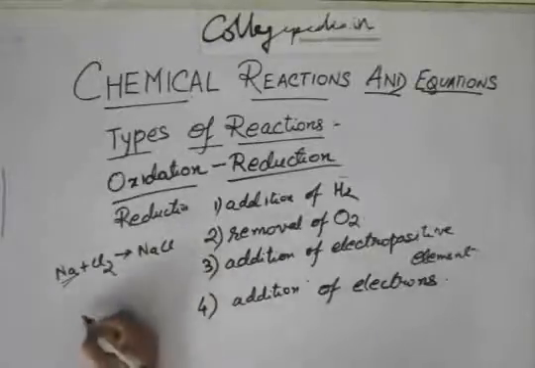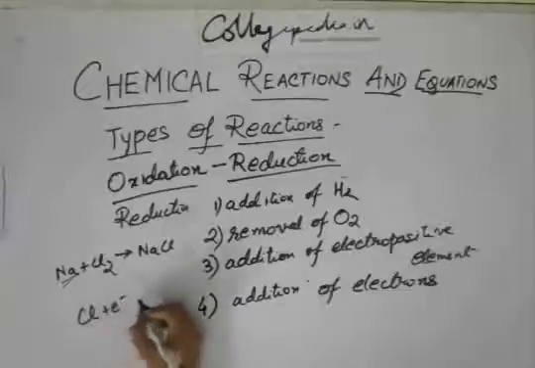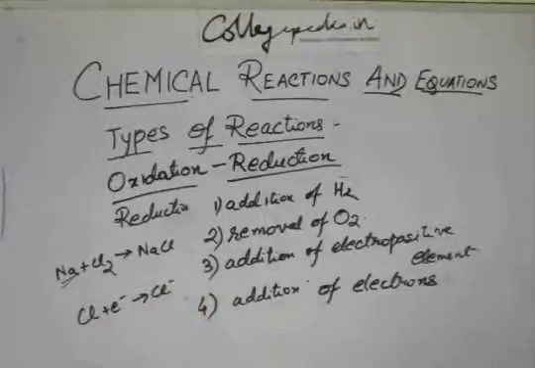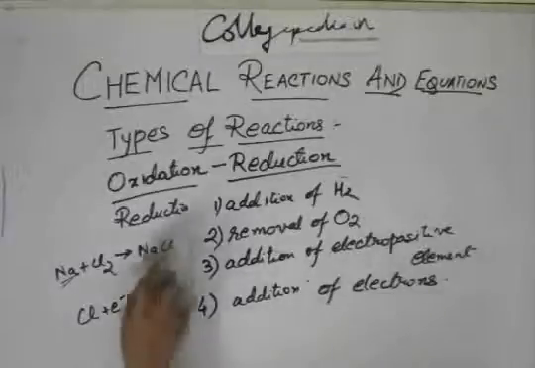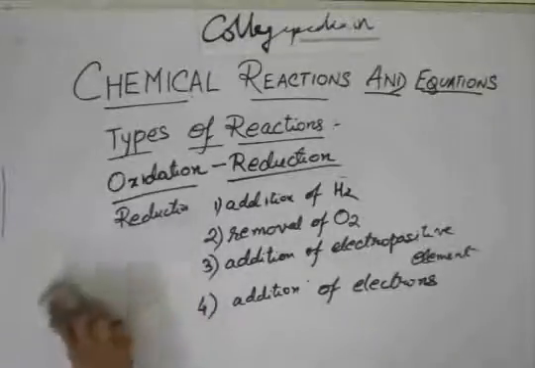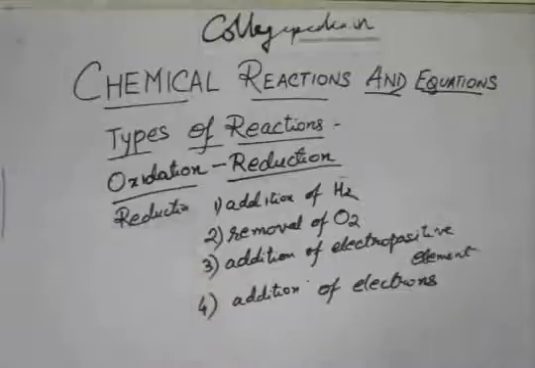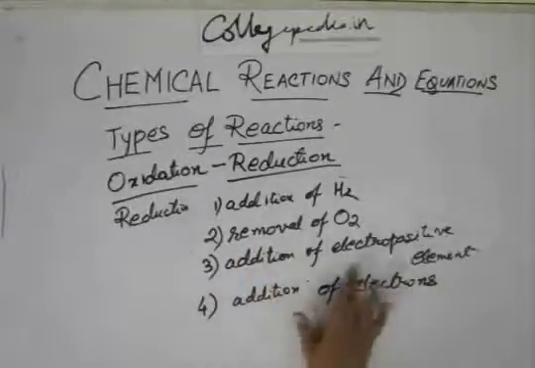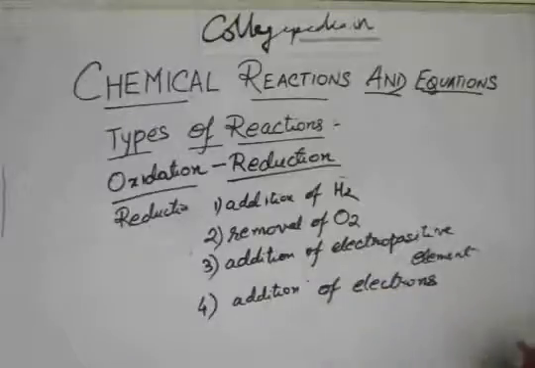And addition of electrons, you have chlorine plus electron giving chloride ion. Simple as that. So they might ask you the difference between oxidation and reduction. So give these points in columns: addition of hydrogen, removal of hydrogen, removal of oxygen, addition of electropositive element, addition of electronegative element, addition of electrons, removal of electrons. And give an example.